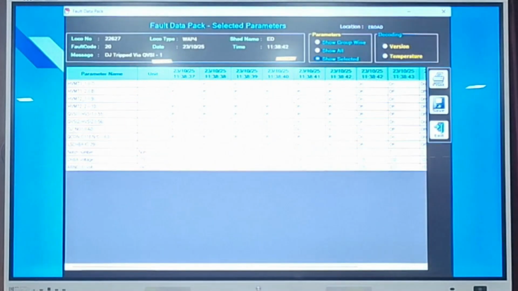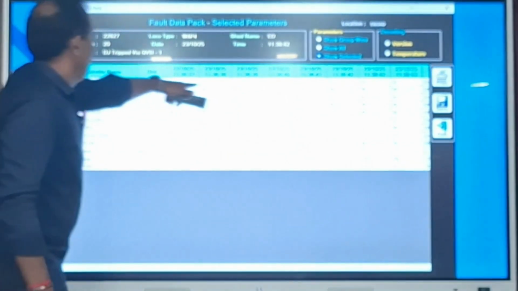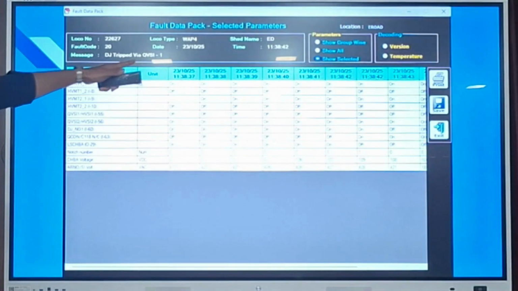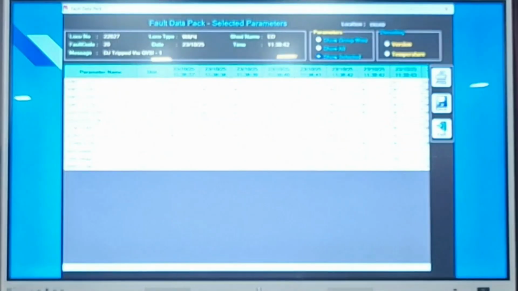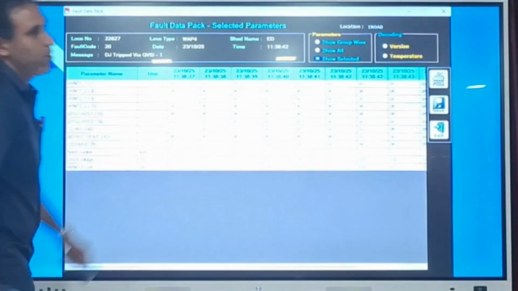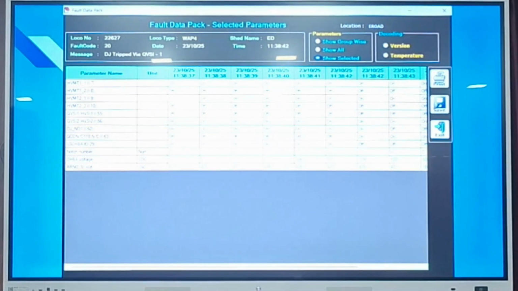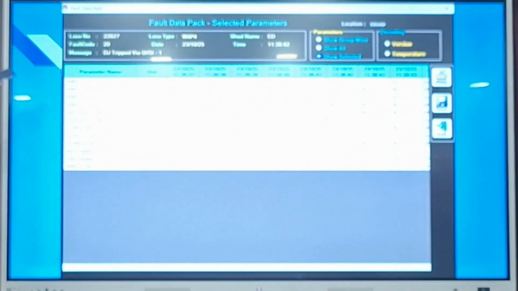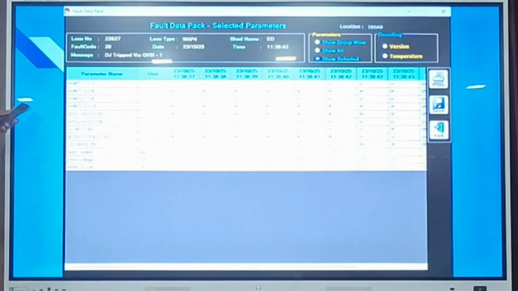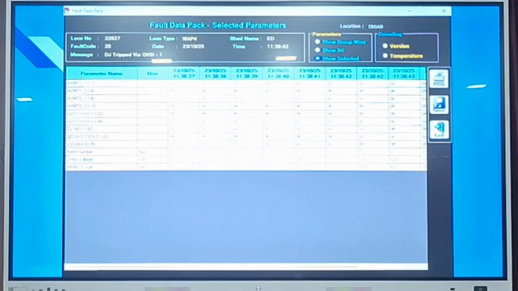Here HMD 1 in 1 is in normal position only, and HMD 2 in 1 is also in normal position only. That means during testing these were not disturbed. Both tracks are in service condition.